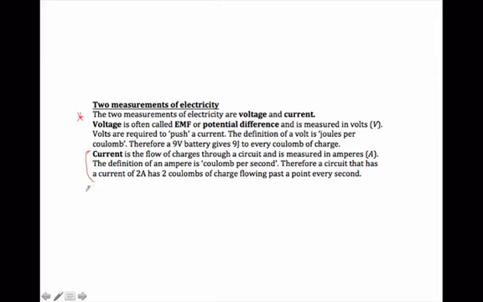So therefore a circuit that has a current of 2 amps flowing through it has 2 coulombs of charge flowing through it every second. One important piece of information that's not on here is what 1 coulomb is equal to as far as number of electrons goes. So 1 coulomb of charge is equal to a lot of electrons.